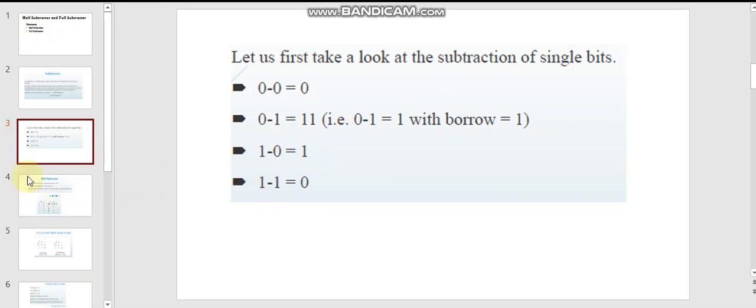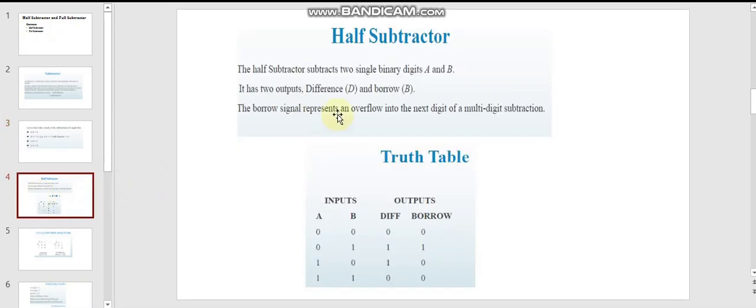So let us make up some truth table. The truth table defines the relationship between the input and the output. So in the half subtractor, we take 2 single binary digits A and B. When we take operation on the bits A and B, then there are 2 outputs.